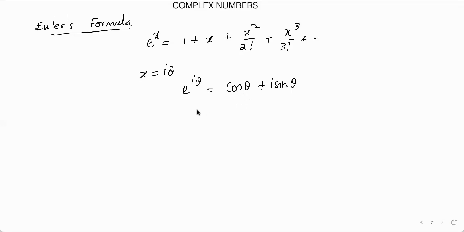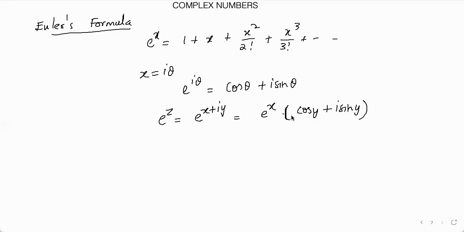In general, we define e to the power of z, which is e to the power of x plus iy, as e to the power of x times cos y plus i sin y.